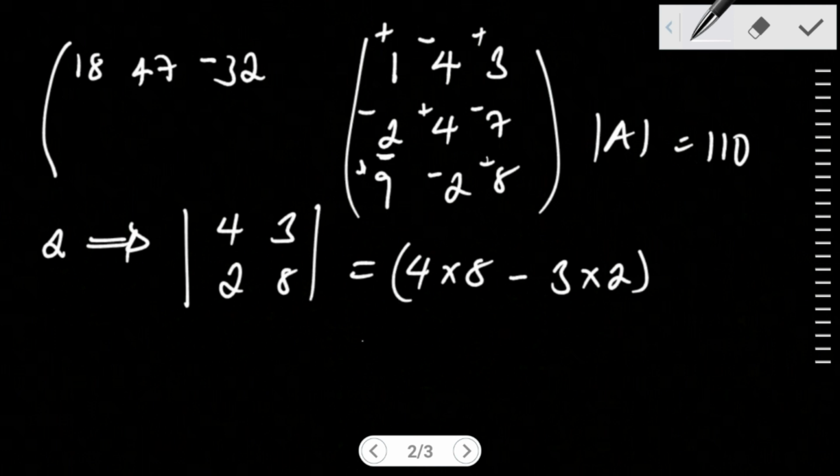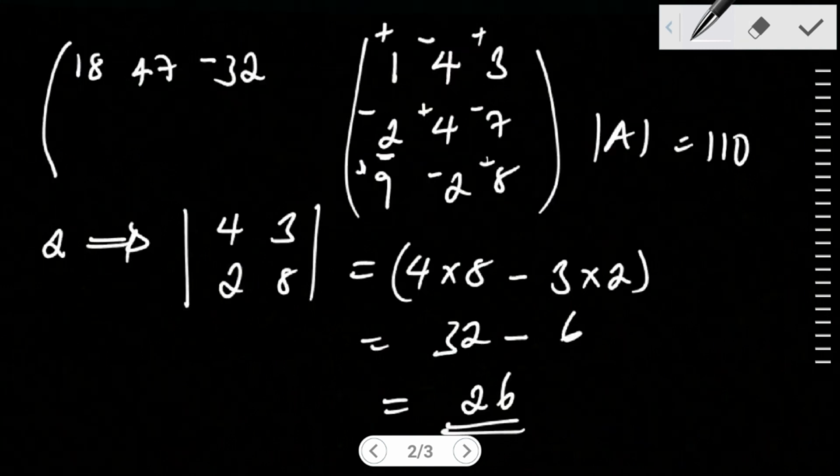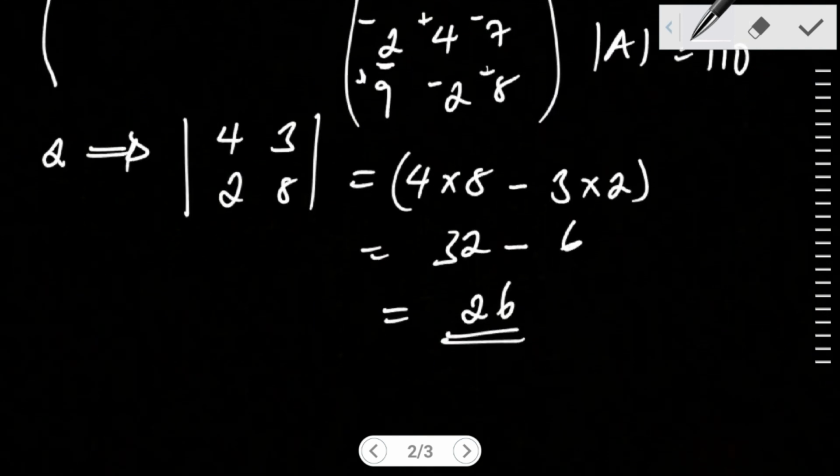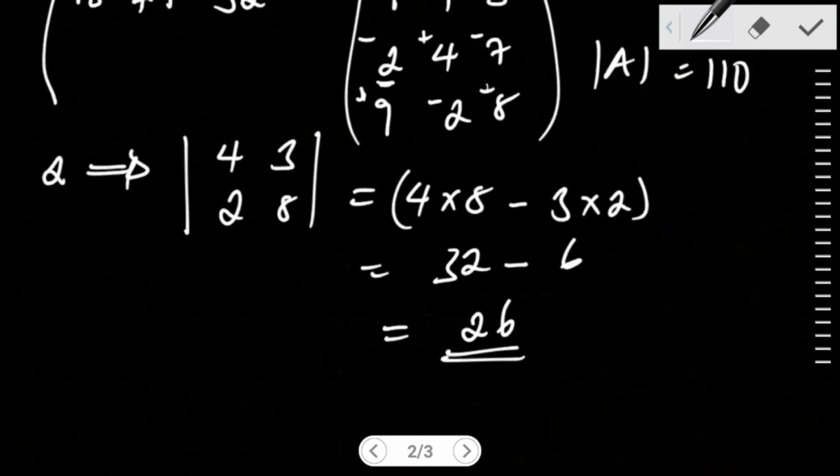That means this will be 32 minus 6 in this case, and therefore you're going to get 26. Now you look for the sign on 2, which is negative, therefore you assign it here. So that means you're going to have negative 26 in this case.